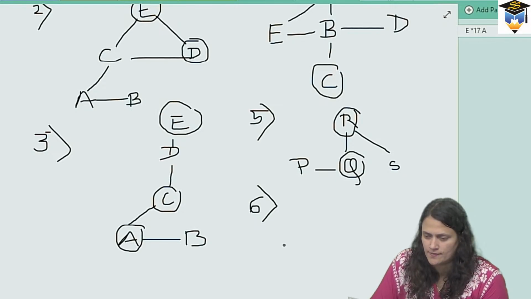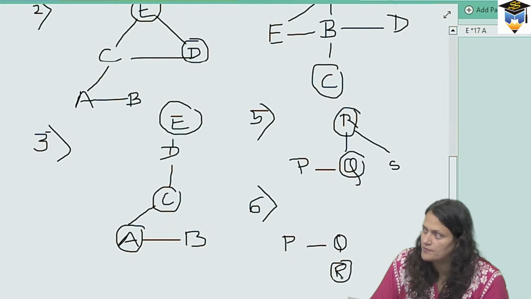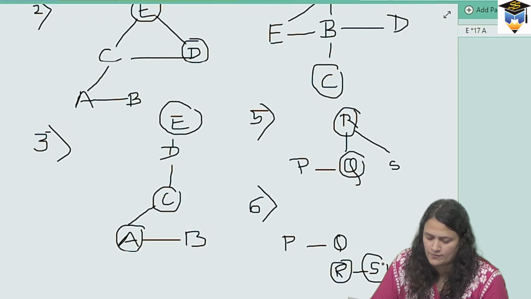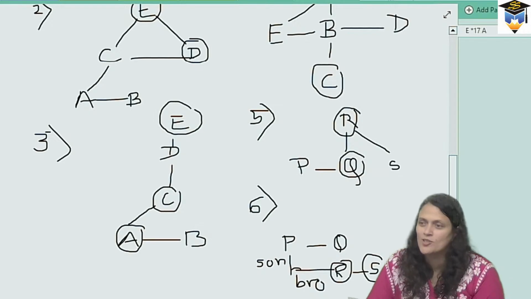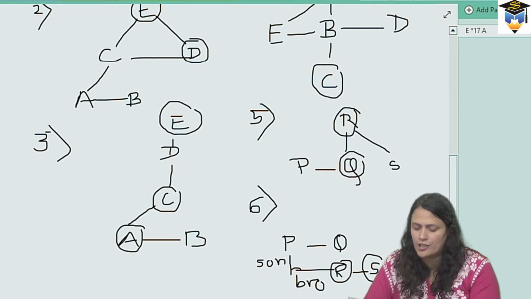P and Q are brothers. R and S are sisters. P's son is the brother of R. So what is the relation between Q and R?